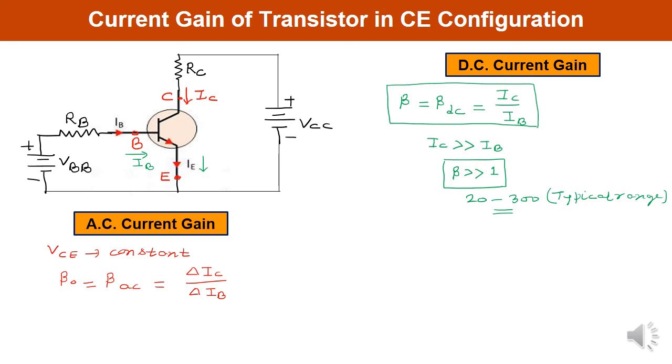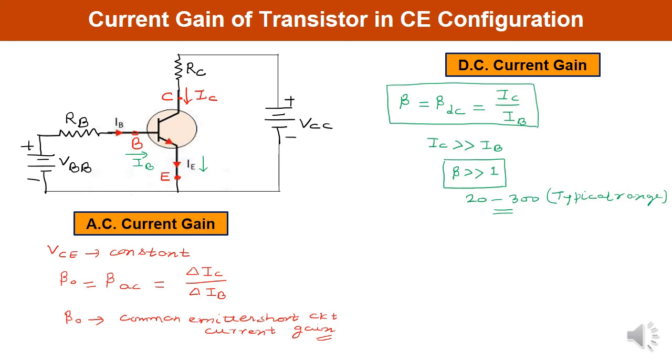And beta naught, this particular term, is also known as the common emitter short circuit current gain. You must remember this term as well.